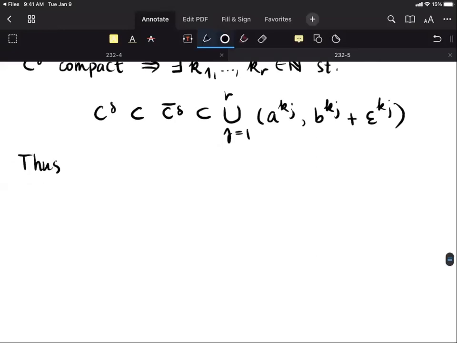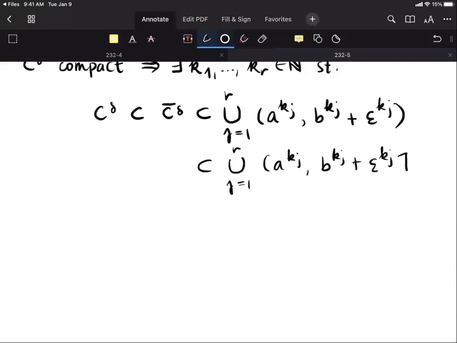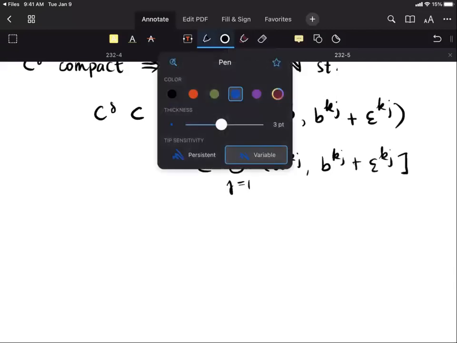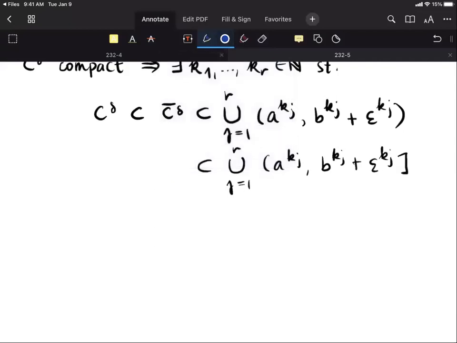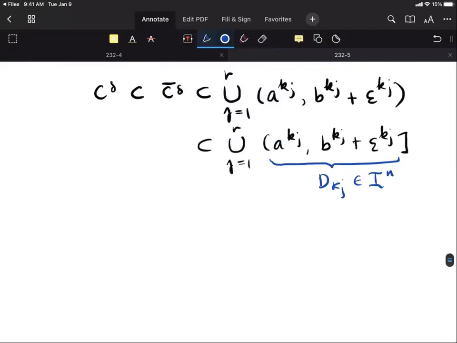So thus, we could now include the endpoints, and let us denote this by D_{kj}. This D_{kj} now is a cell because it is now closed on the left-hand side, right-hand side.